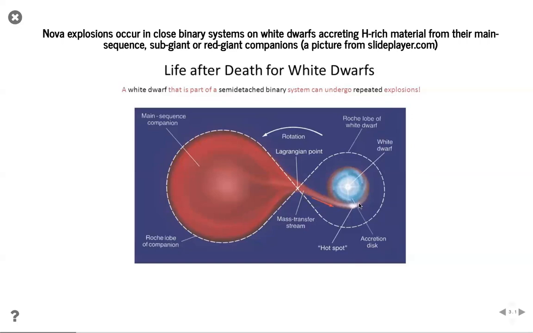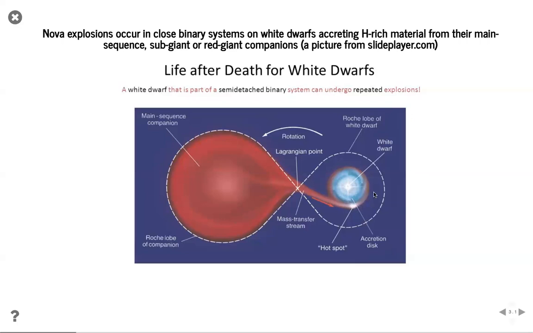And then this material is attracted by the white dwarf because the system has an orbital rotation. This is shown with this arrow. This is orbital rotation. It rotates here counterclockwise in this plot. Therefore, the material that enters here, which is shown with the red arrow, enters into the Roche lobe of the white dwarf. It has angular momentum. Therefore, it doesn't go directly onto the surface of the white dwarf.